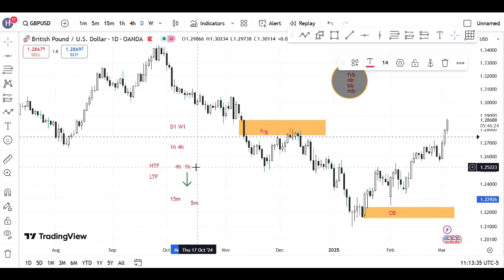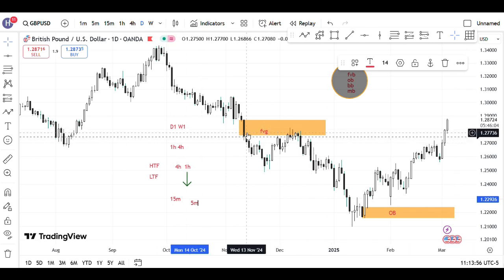This is your high time frame, this is your low time frame. I highly recommend analyzing the chart on D1 or weekly and trading on 1 hour or 4 hour. But most people cannot do that. Why? Because of stop loss.